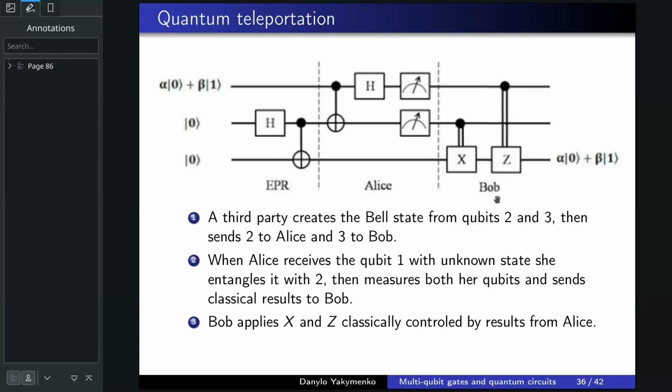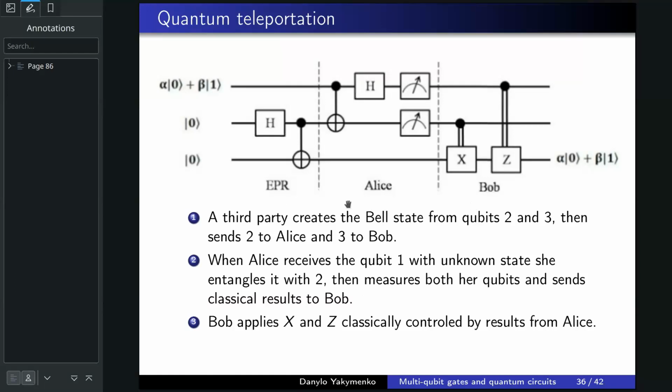You may think that Alice and Bob are separated in space. Suppose Alice is on one planet and Bob on the other planet. And they want to be able to teleport some quantum state from Alice to Bob.